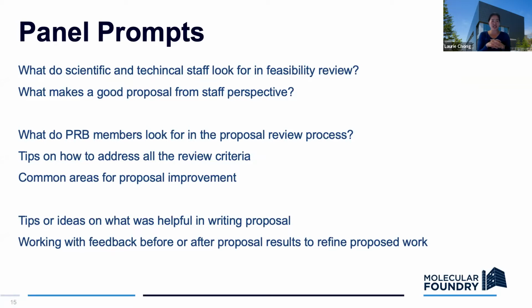What do scientific and technical staff look for in the feasibility review? Like Emery, Behzad, Ricardo, who would like to chime in first? Maybe I'll chime in. One of the really important things about feasibility is not only obviously is something feasible, clearly you should check in with the staff member to make sure your idea is something that you can do at the Foundry, but mostly what we're looking for is the amount of staff effort a proposal will take, because there's only a limited amount of time for staff to help you.